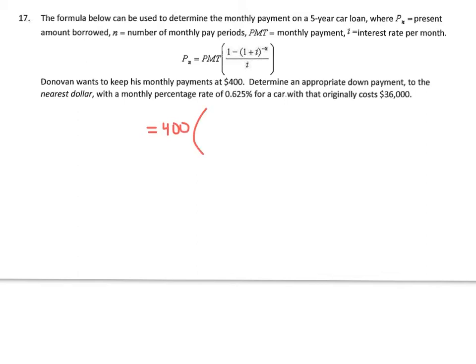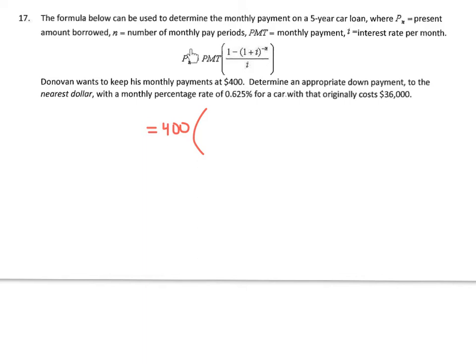And then let's keep reading. Determine an appropriate down payment to the nearest dollar with a monthly percentage rate of 0.625%. So this is going to go in for I, the interest rate per month, for a car that originally cost $36,000.